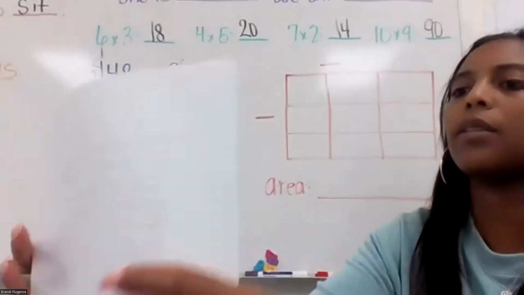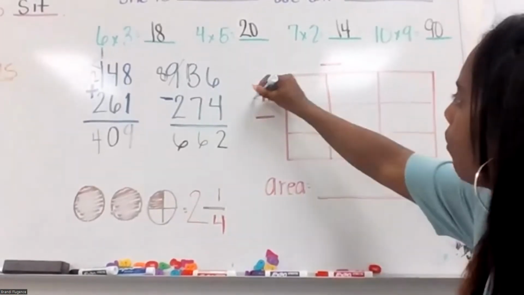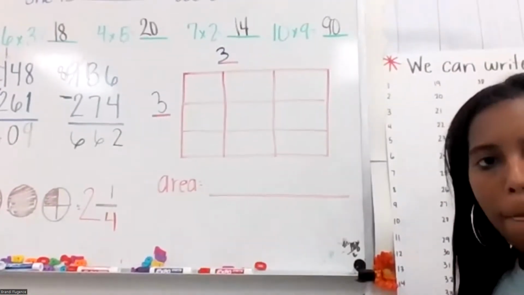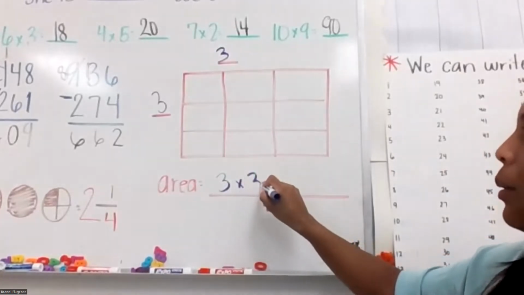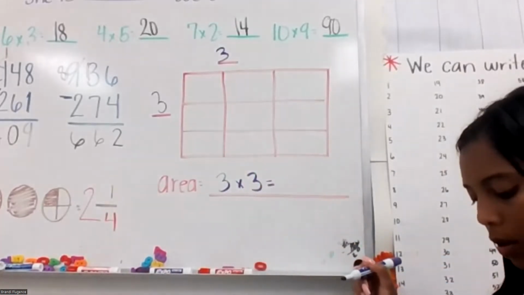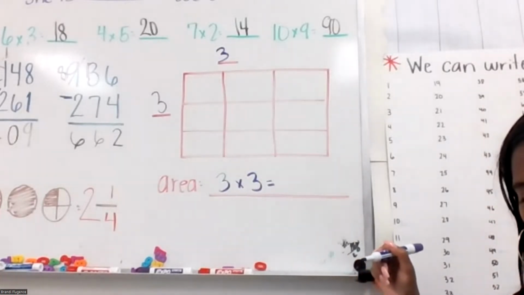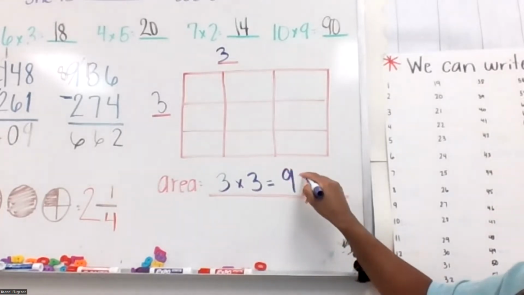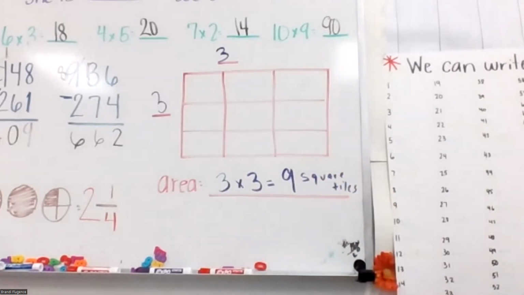So I have 3 rows and 3 inside of each row. So what is my area? How would I write it for the area? 3 plus 3 equals 6. Times 3. No, 3 times 3 equals 9. So the area is 9 square tiles. Good. Awesome. So that's just a review with math.